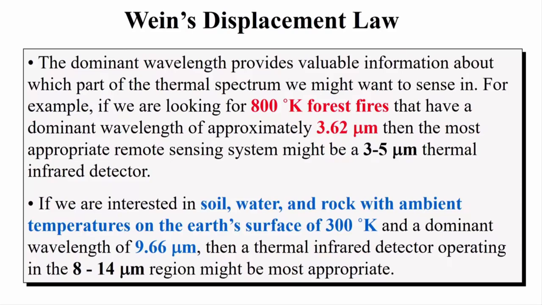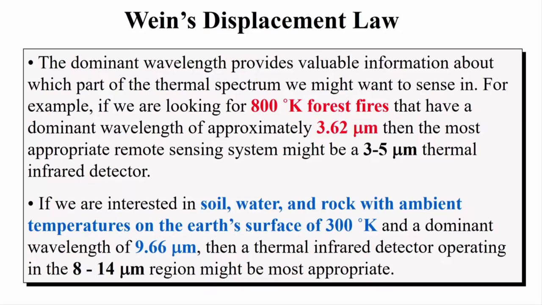For example, if we are looking for an 800 degree Kelvin forest fire, the dominant wavelength is approximately 2898 divided by 800, which comes to approximately 3.62 micrometer.